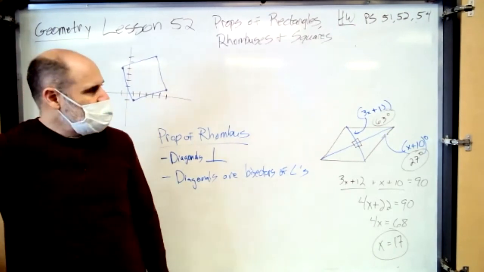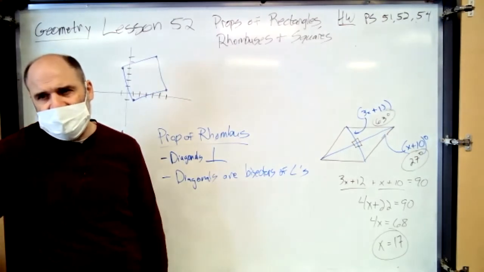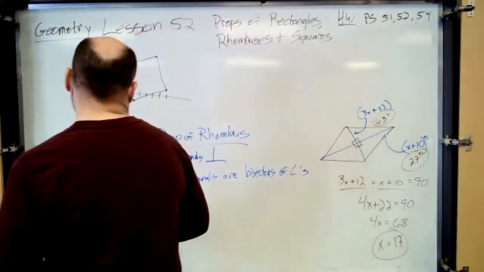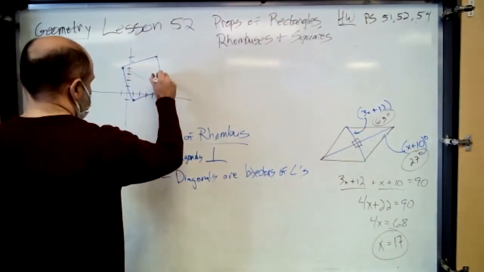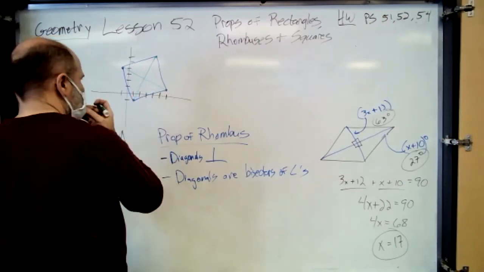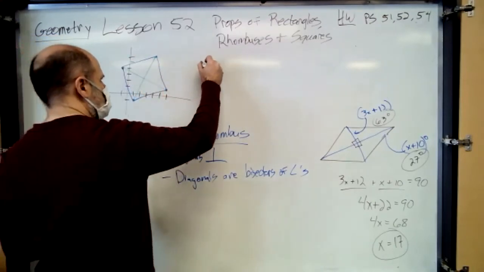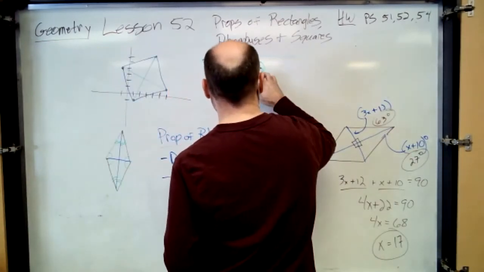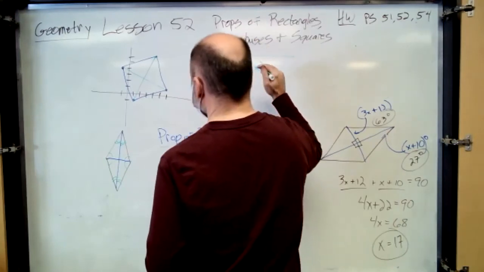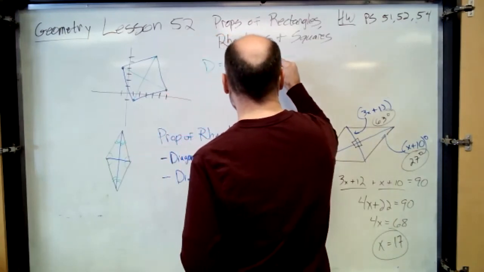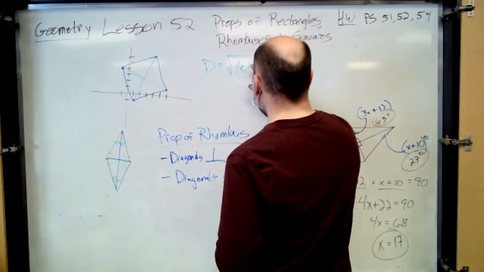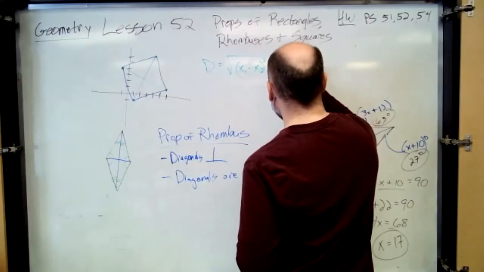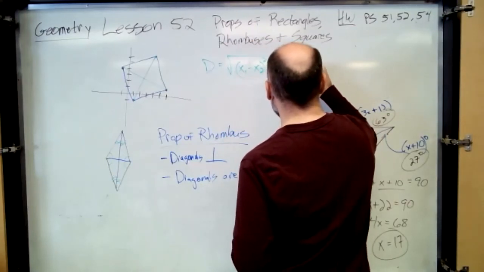Okay, well, how do you determine whether the diagonals are congruent? Well, we'd have to draw them and then do the distance formula, which is awesome. You can find the distance by doing this: square root of x1 minus x2 squared, plus y1 minus y2 squared.